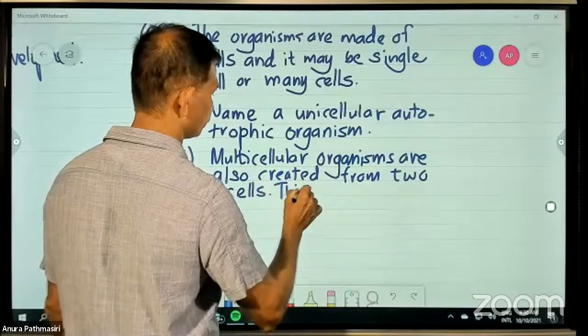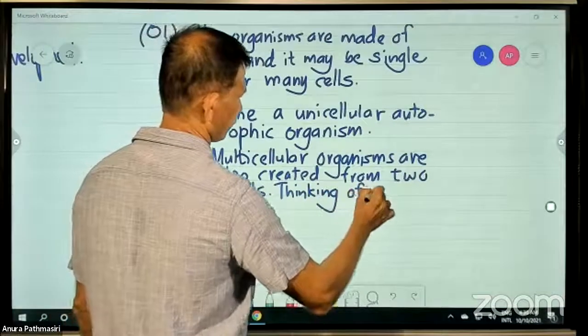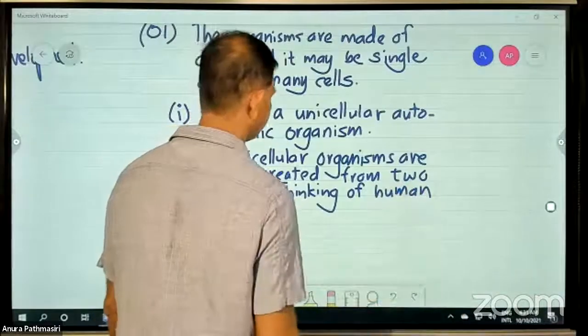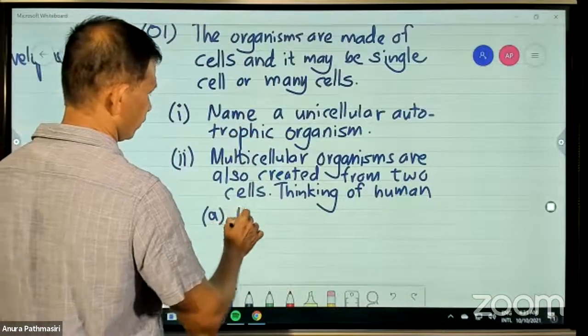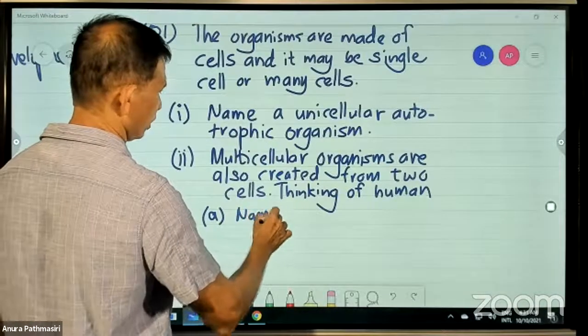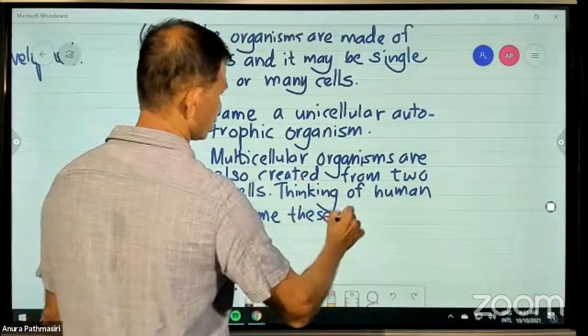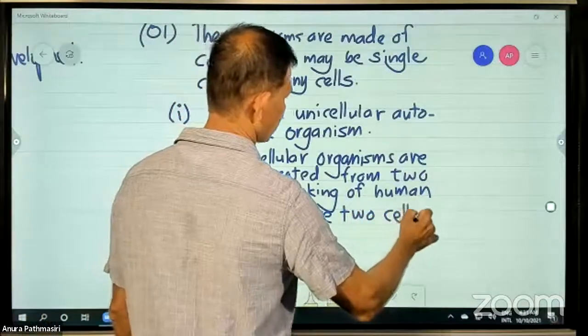Thinking of a human, part A: name the two cells.